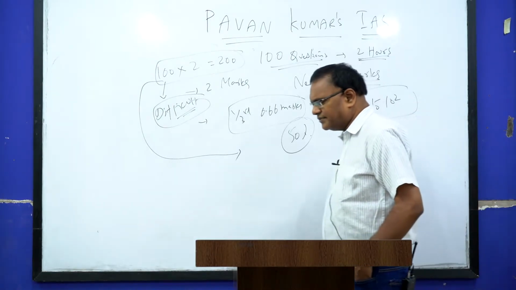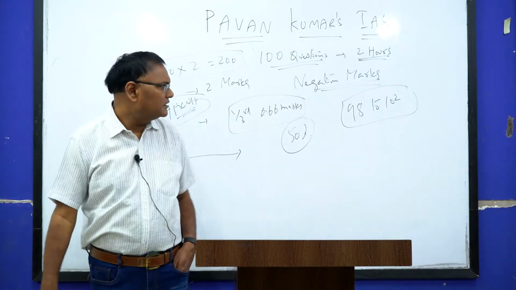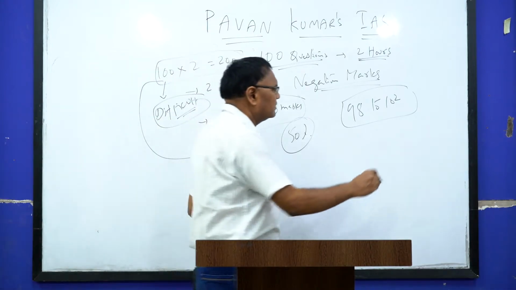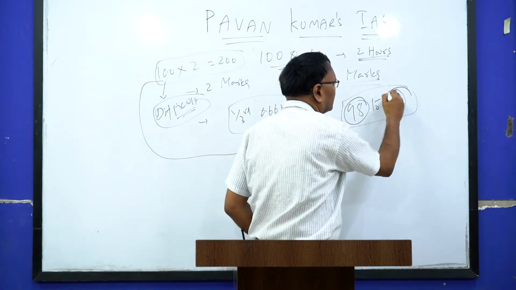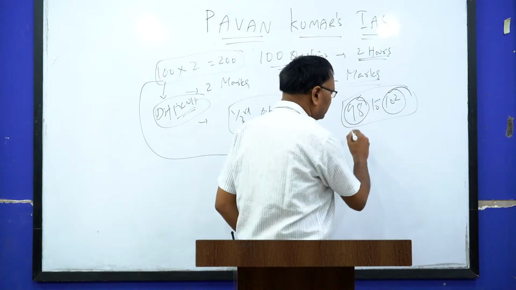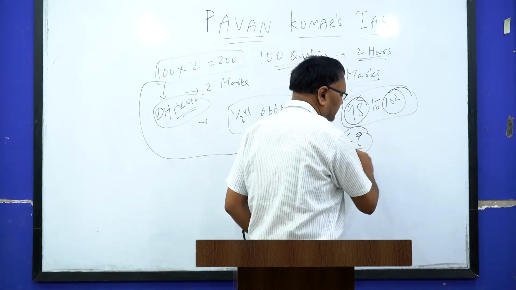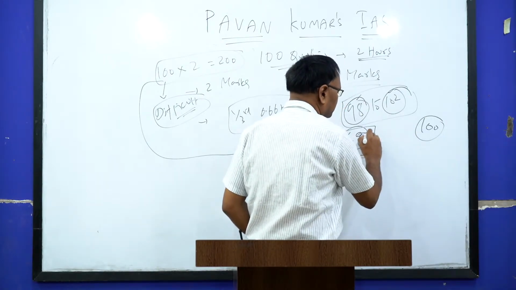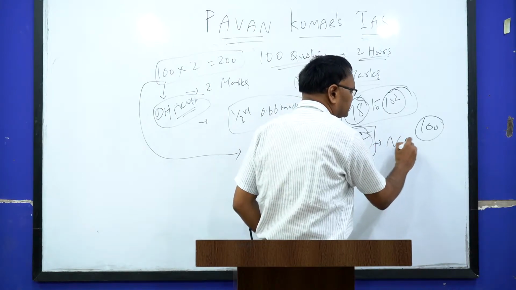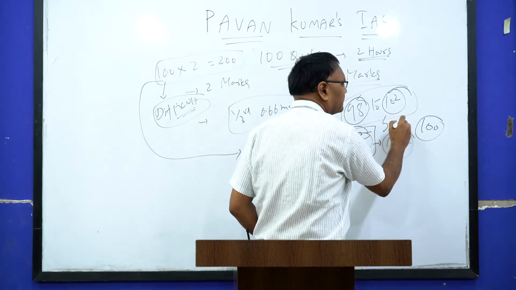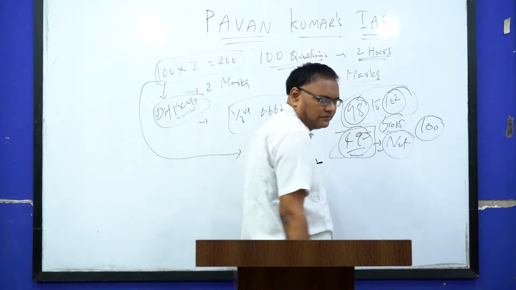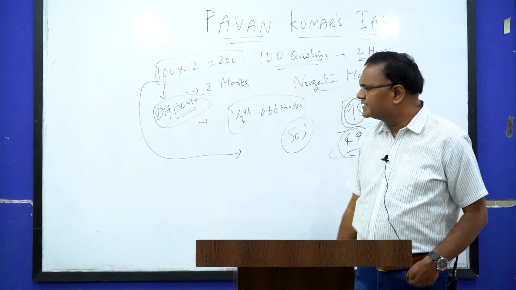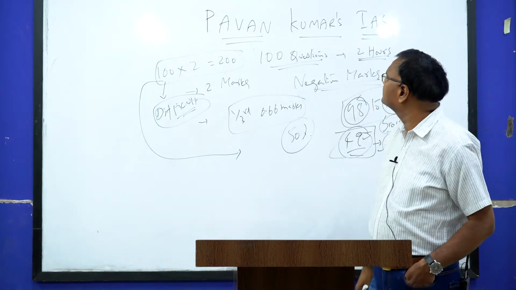In the last few years, what we could see was that the cutoff for this preliminary examination was hovering around 98 marks. You can understand the difficulty of the examination.